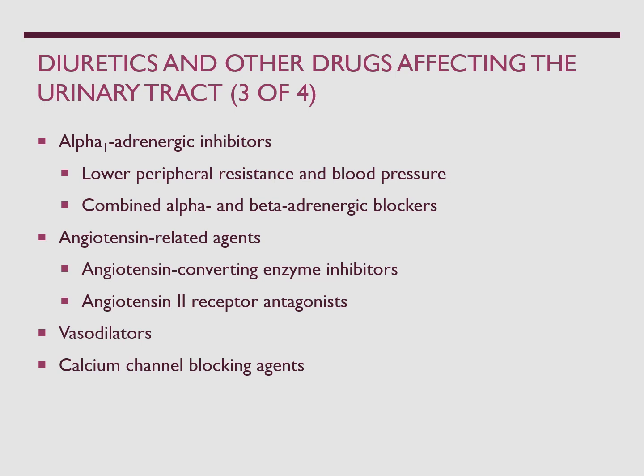Blocking beta 1 receptors will decrease heart contractility and heart rate. On the other hand, blocking beta 2 adrenergic receptors can cause bronchoconstriction. This can be a problem, especially in patients with asthma. Names of beta blockers will typically end with the suffix OLOL. Examples include metoprolol, propranolol, and sotalol.